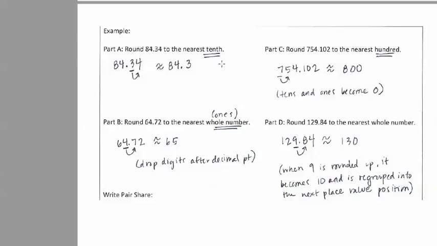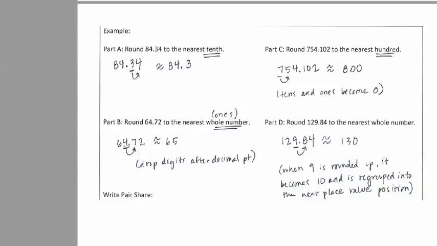We always say we're identifying first. Right now, we're rounding to the nearest tenth. So the 3 is in the tenths place. Let's underline this and look next door. This is a 4, so it's less than half of the next number, so I get to round down. This is approximately 84 and 3 tenths. Okay, let's look at the next one. I'm rounding to the nearest whole number. Whole number means ones, so let's write that in, ones.